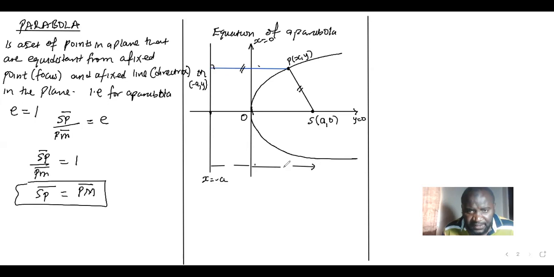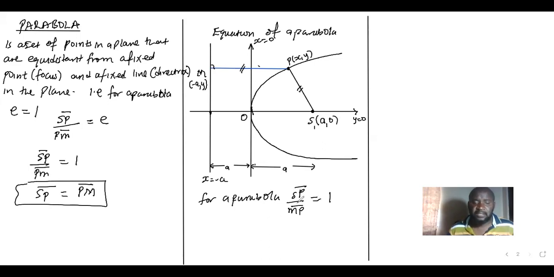So those distances, because this is from O to A, this is going to be A. Also, this will be A, because we are assuming this is coming to the focus. So this is going to be a distance of 2A away. So for that, one can say, for a parabola, if you recall, the ratio of SP to MP has to give us a constant 1.